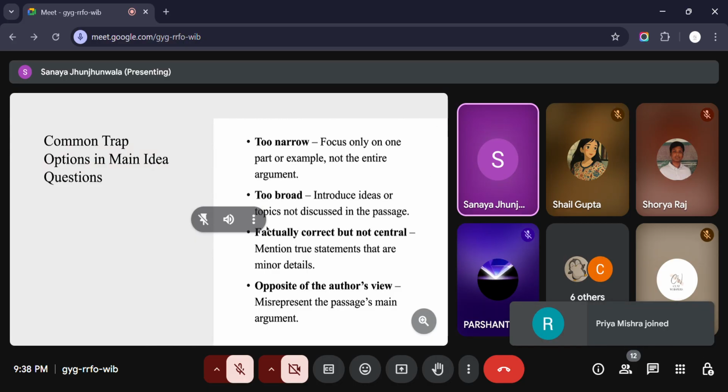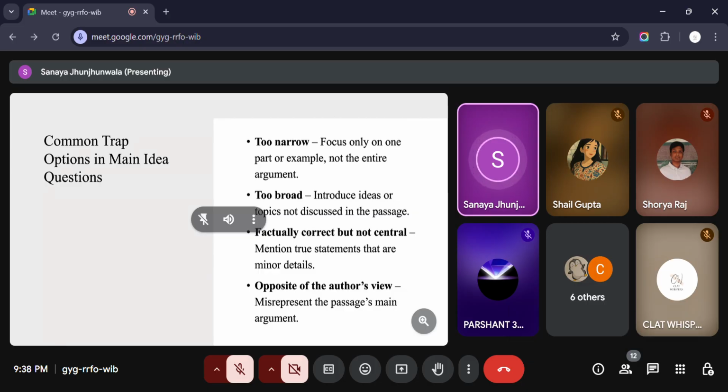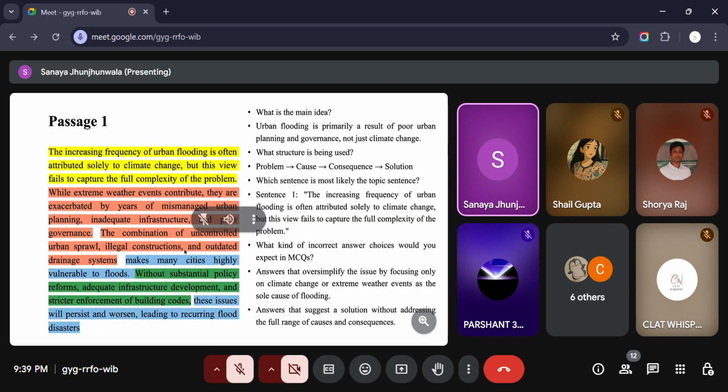Third is factually correct but not central. So it mentions true statements, it mentions facts, it mentions figures, but those are minor details that are supporting the main idea, but it is not the correct option. इसमें देख लो, the combination of uncontrolled urban sprawls, illegal constructions, and outdated drainage system makes many cities highly vulnerable to floods.